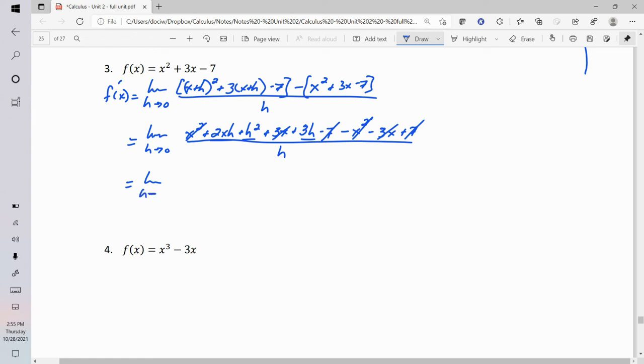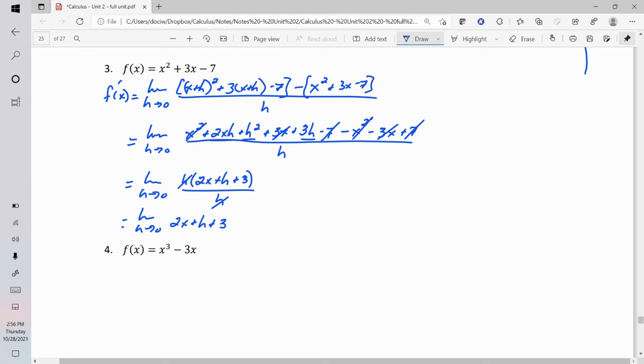When I factor the h out of those terms, my numerator will be h times 2x plus h plus 3, all divided by h. h divided by h will equal 1, so those cancel out. And we now have the limit, as h approaches 0, of 2x plus h plus 3.